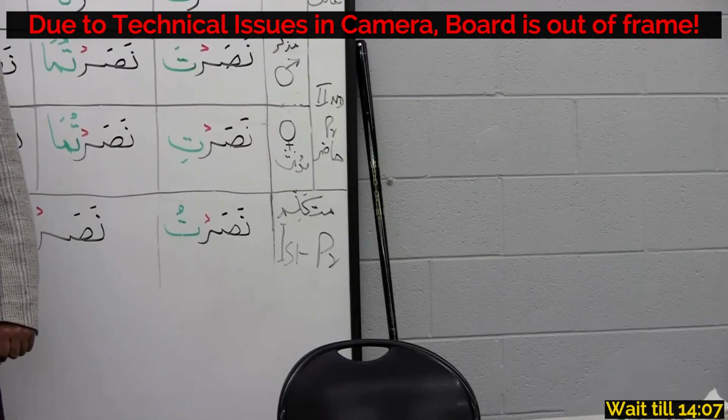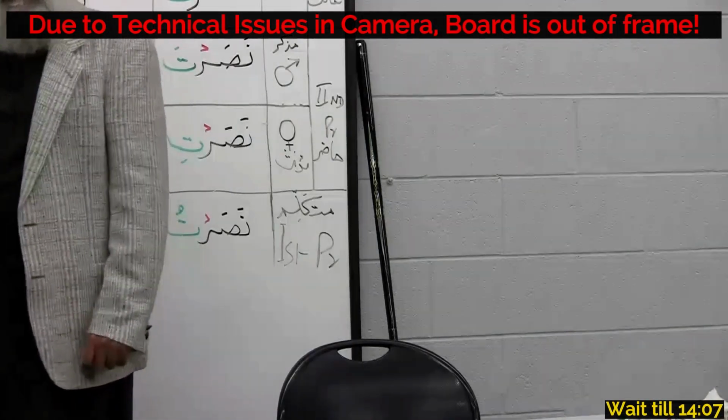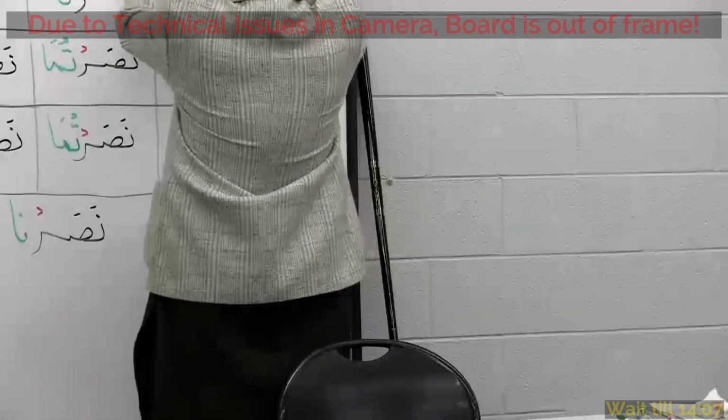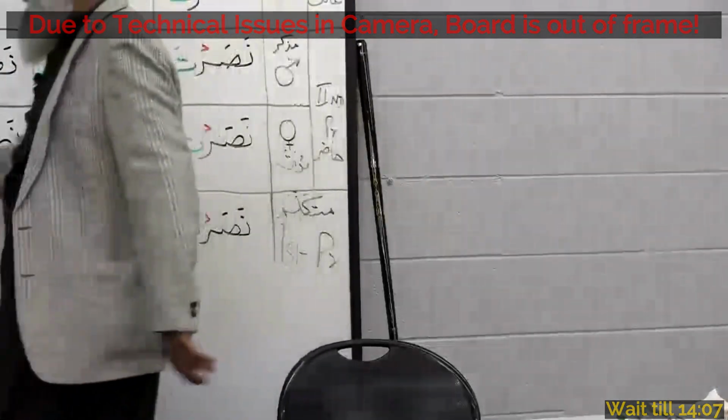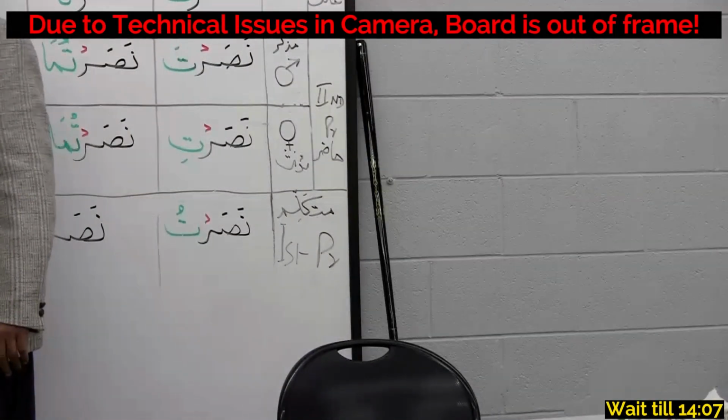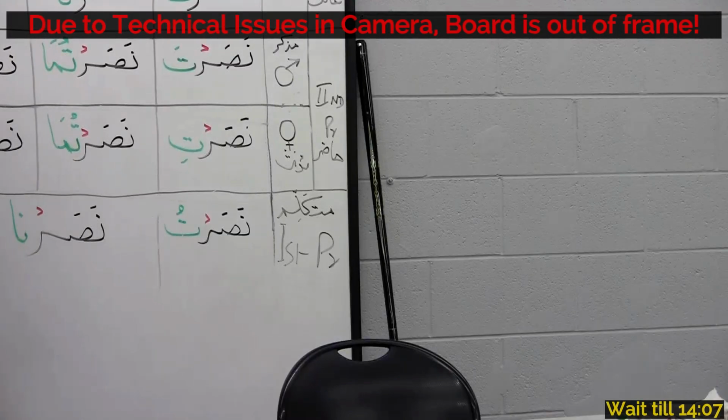And remember, all the doers of those verbs which have three letters here will be in the shape of fa'il, and the done upon would be in the shape of maf'ul.